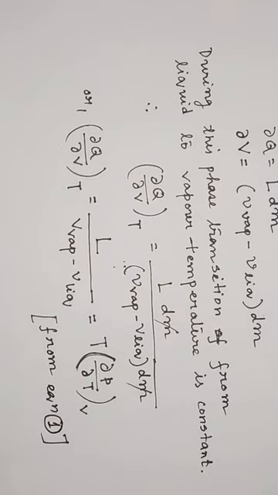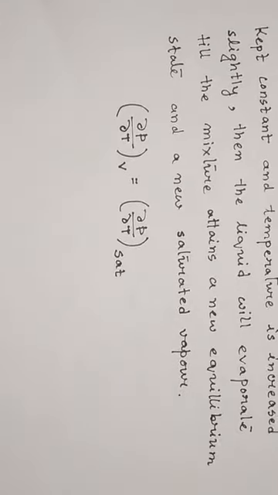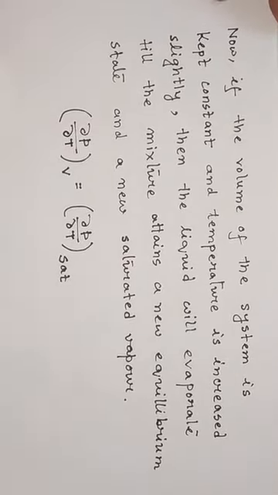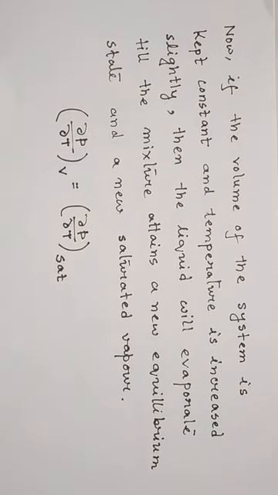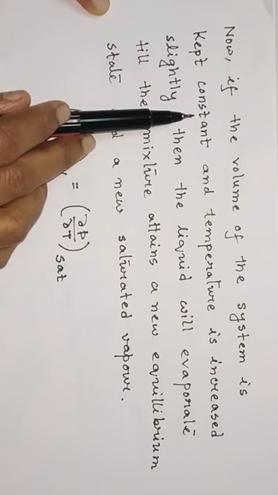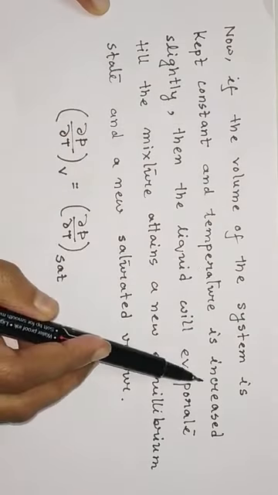Now if the volume of the system is kept constant, now if we do something different, that we keep the volume of the system constant and we increase the temperature.